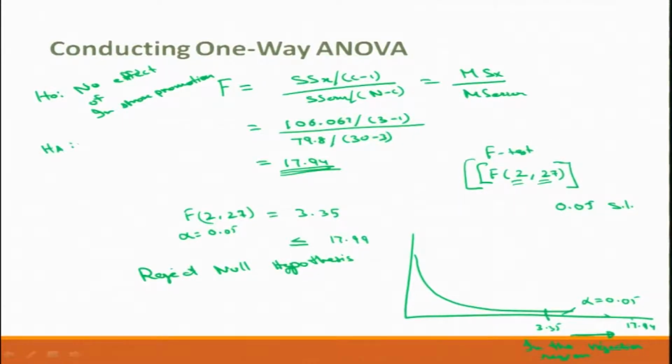The alternative hypothesis, rejecting H naught, holds true. That means we can say that the calculated value is greater than the critical or tabulated value, therefore, the in-store promotion has a significant effect on these sales.